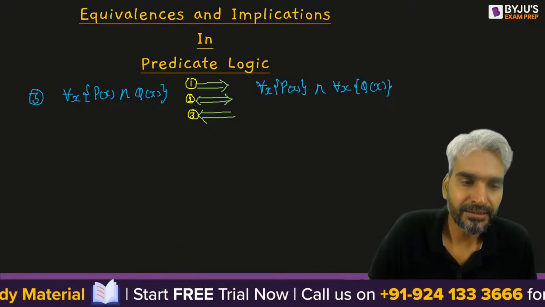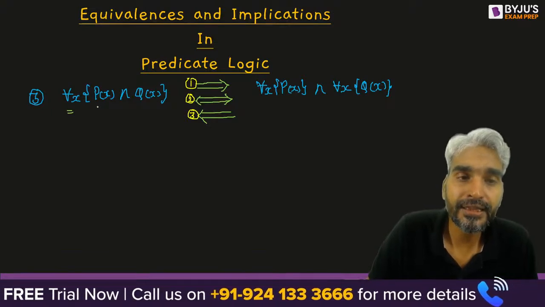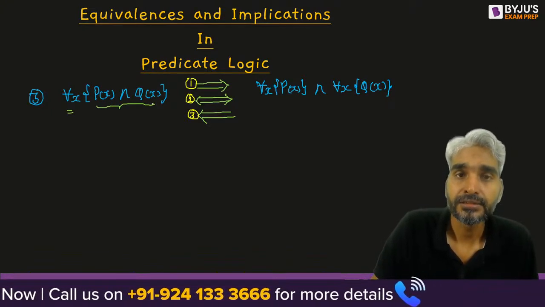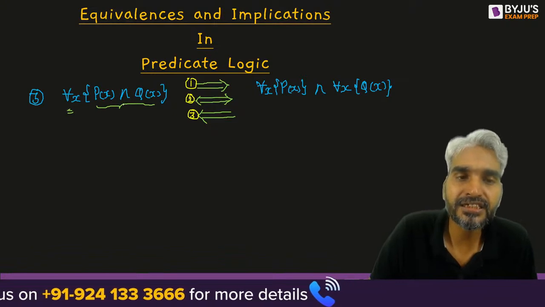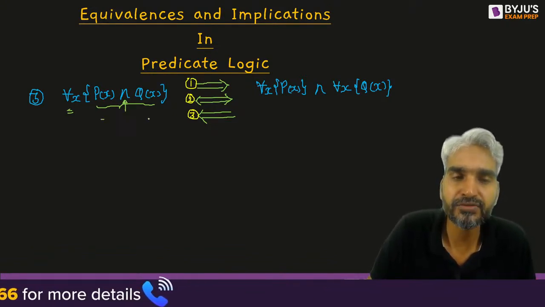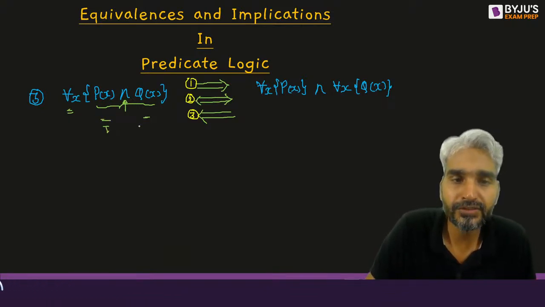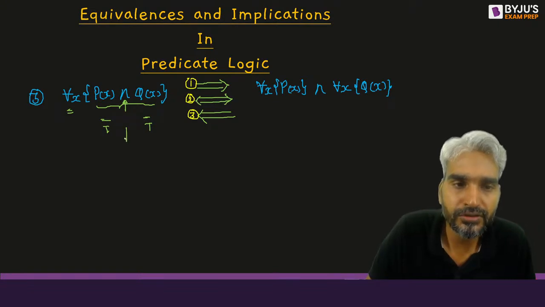Sir, it is quite simple. How? Sir, this is for all and the operation is conjunction. Means for all x, this conjunction should be true, and conjunction is true when both the LHS as well as RHS of the conjunction are true. So this should be true as well as this should be true, then only this will return true.